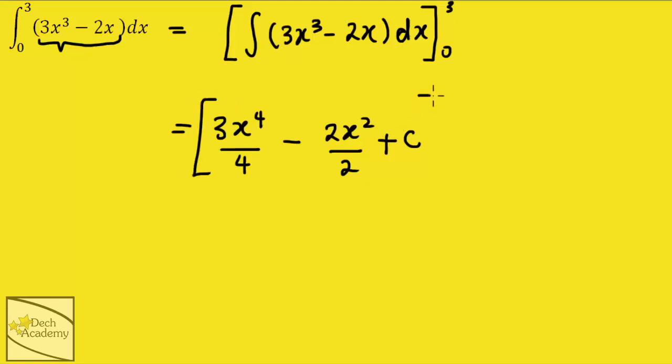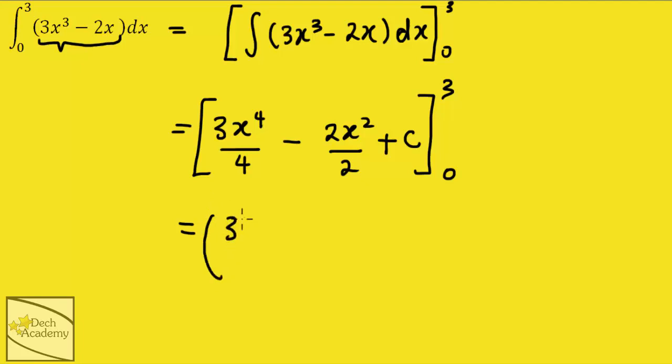And then we move on to the last step, which is just replacing the variable x with the upper and lower limit. As you can see, once you know how to obtain indefinite integrals, then obtaining definite integrals is a piece of cake. So I'm going to replace x with 3 now.